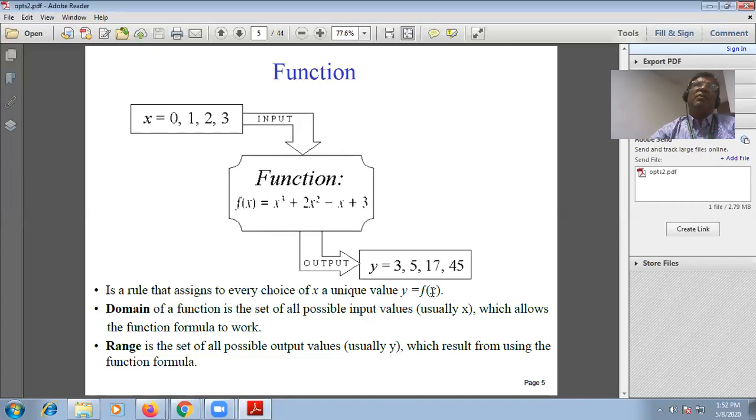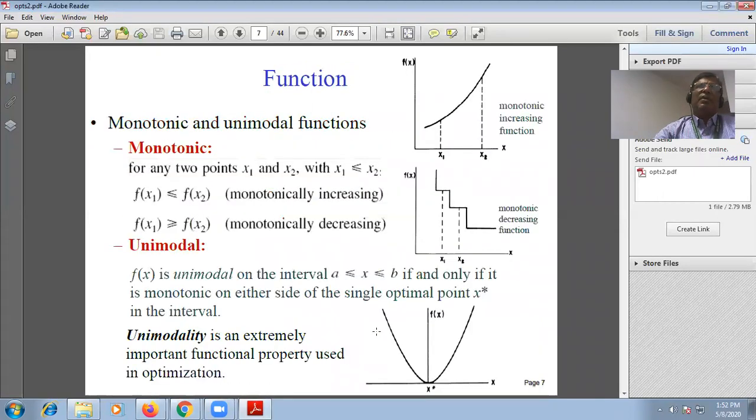In this case, you know that the domain and the range, the values you are putting are the domain values, and the values you are getting are the range values. And in function, you know, what is a monotonic function? Mono means only one tendency. Mono means single.